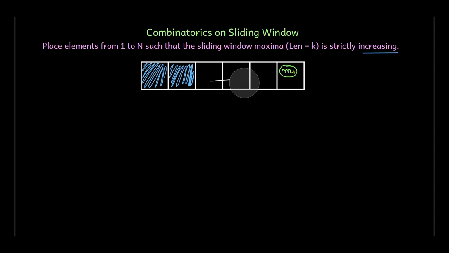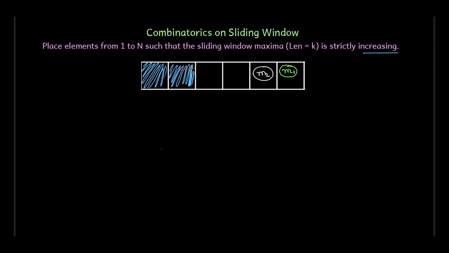Here the claim that you want to make is that m2 cannot be over here, and your arguments are this, that consider the window this one and consider this window. Both of these have maxima as m2, so that is wrong. So that is why you have to place m2 over here.